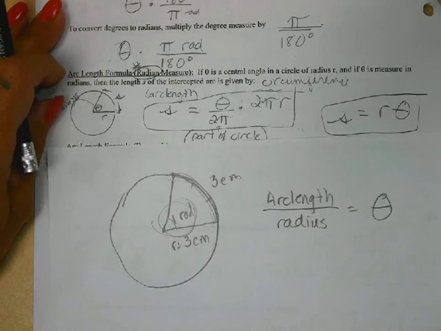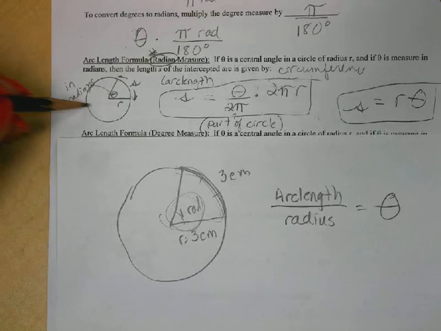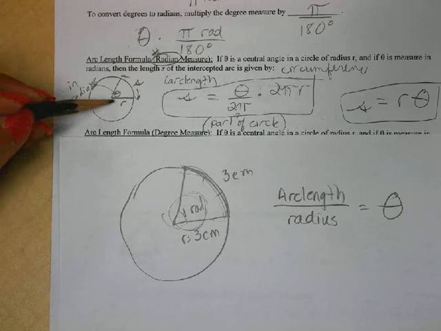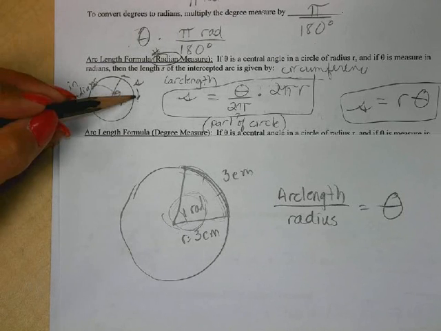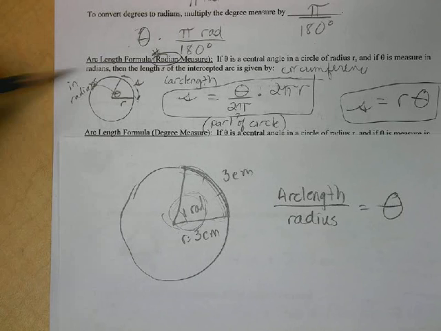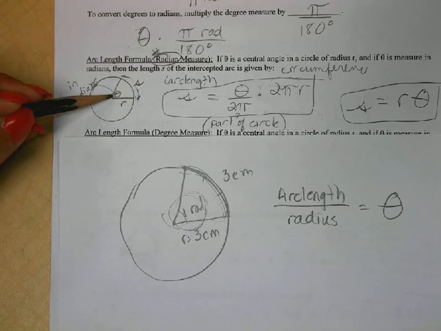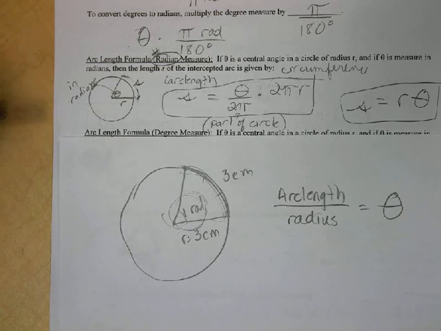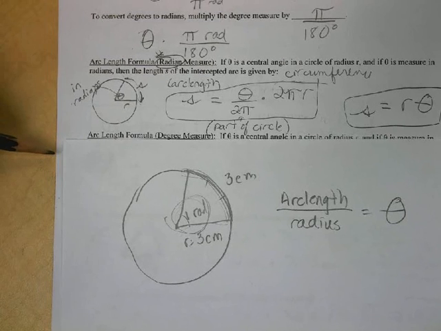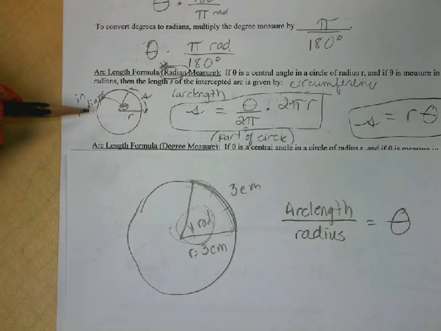And if I gave you a circle like so, and it has a radius of r, and I want to determine how long this arc is, but this time I tell you what the angle measure is, we're basically doing the inverse operation of what we had done previously.